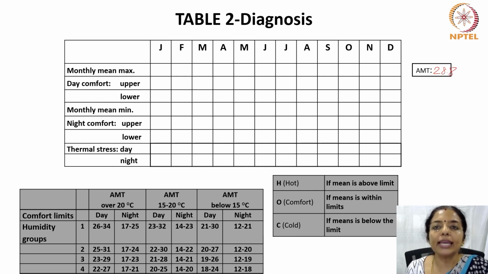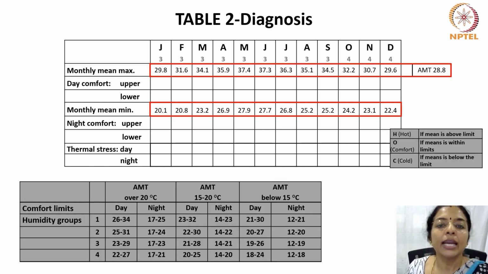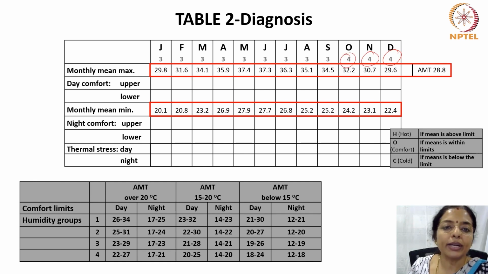So, in this manner, you fill the monthly mean maximum first, then fill the monthly mean minimum, and then you write the humidity group like this. You remember the humidity group that we had got? It was all 3, 3, 3 except for the October, November and December, which was 4.